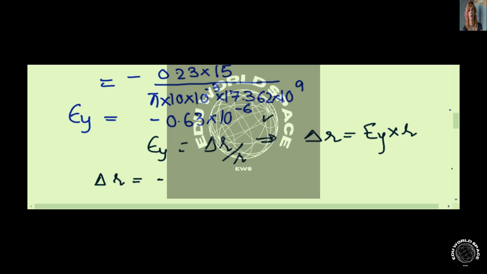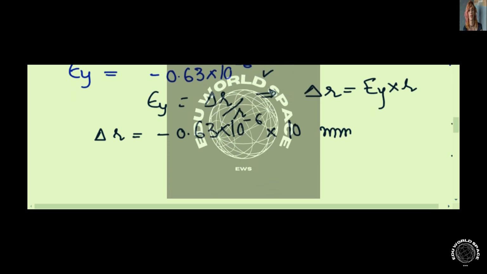Epsilon sub y is negative 0.63 into 10 raised to power negative 6, and r is 10. I'm going to keep it in millimeter. Calculating it, you will get negative 6.3 into 10 raised to power negative 6 mm.